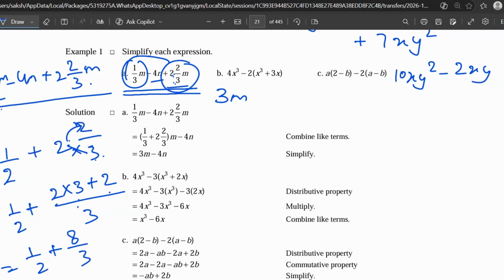After this, can anyone tell me what we are going to do? There are two processes. Either cross multiplication, or take the common LCM. Either you take the LCM of 2 and 3, that will be 6. Then take each fraction and divide 6 by 2.